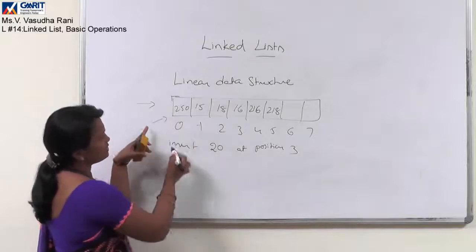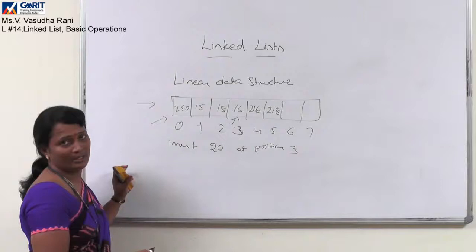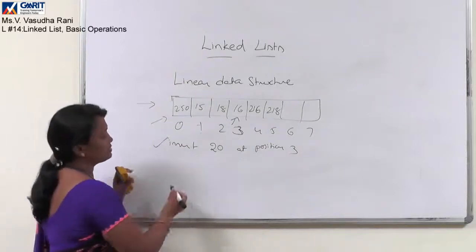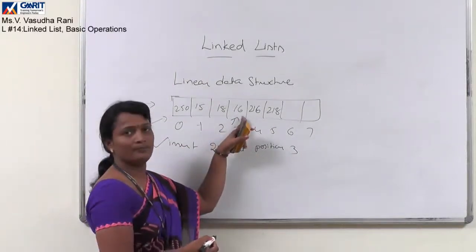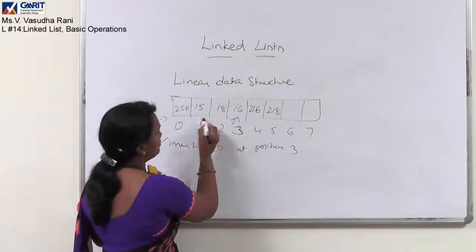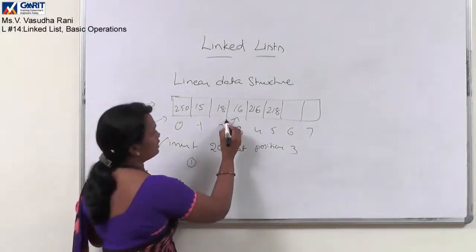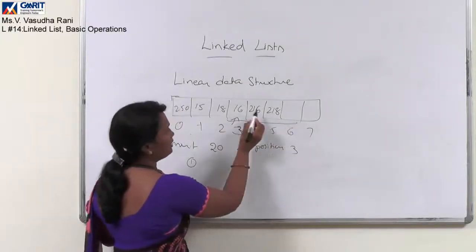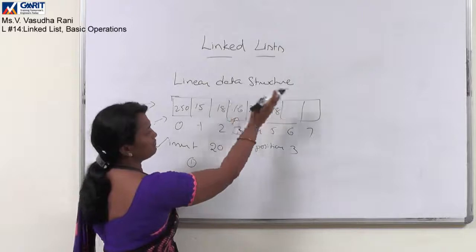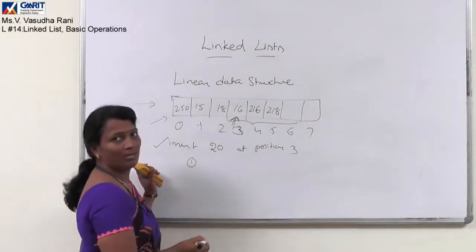If you observe this data structure, at position 3 there is already one data item. Now if the requirement is to insert 20 into position 3, the first solution is that all the neighboring data values have to be shifted to the right to make this particular location empty.